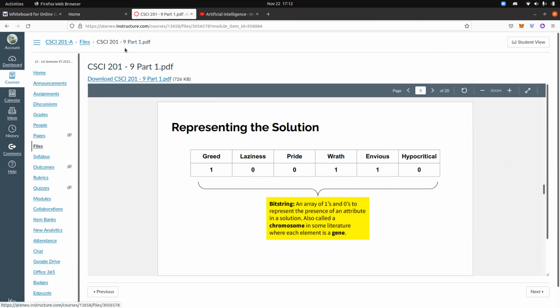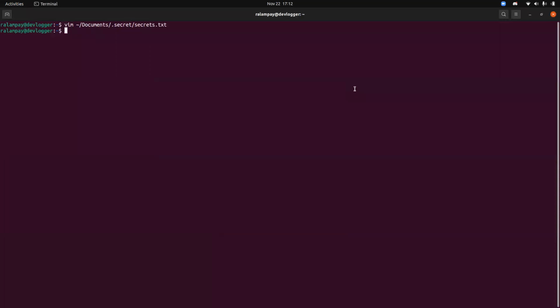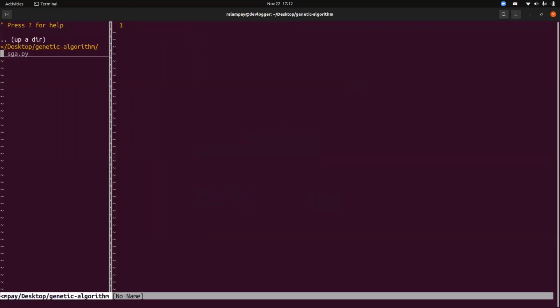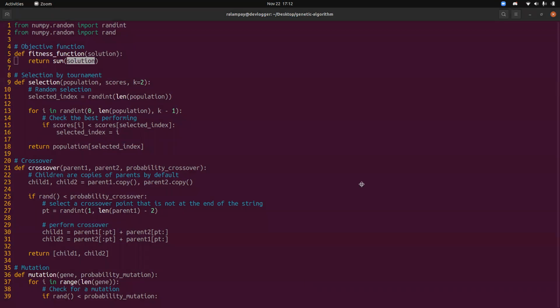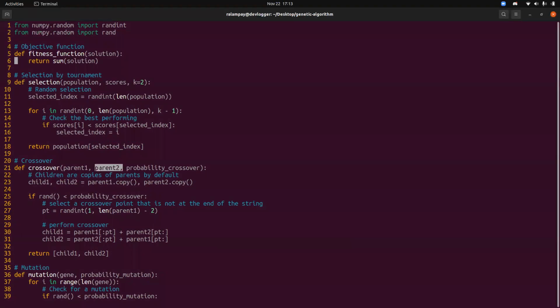That's why our fitness function, if we take a look at our code, will look something like this. Right? We simply return the sum of all the items in our solution. Okay. So before I go to another problem, may questions ba or may clarifications ba about GA?